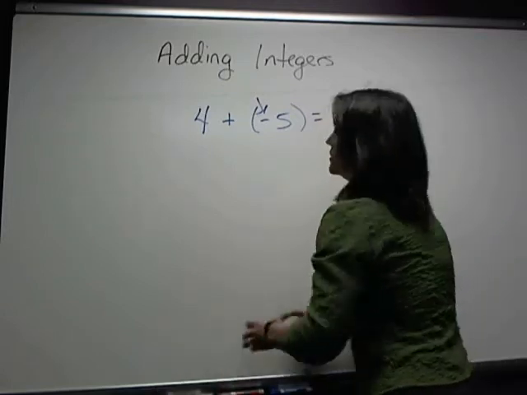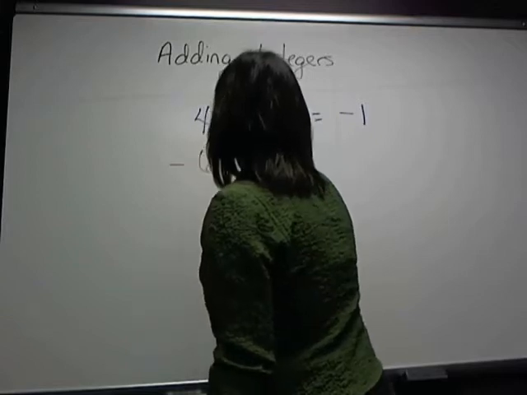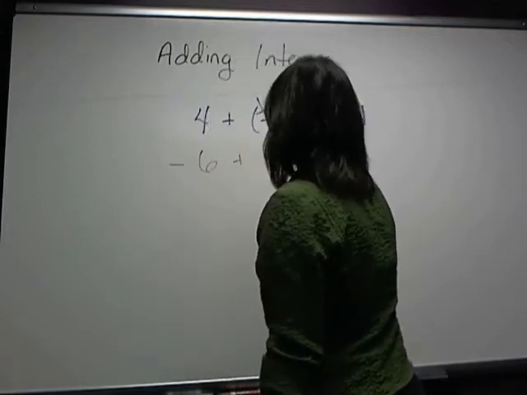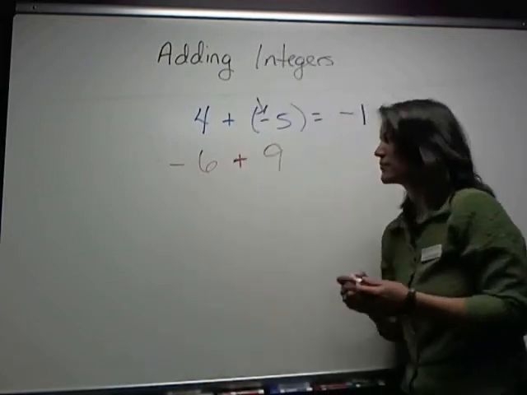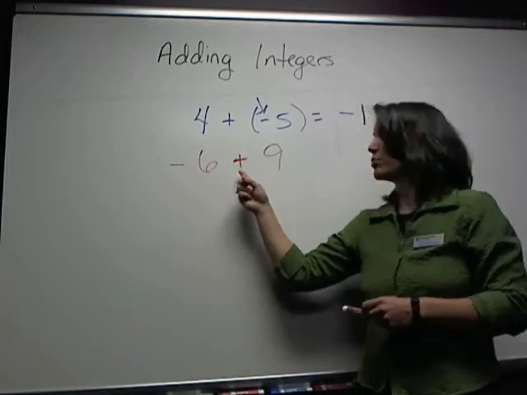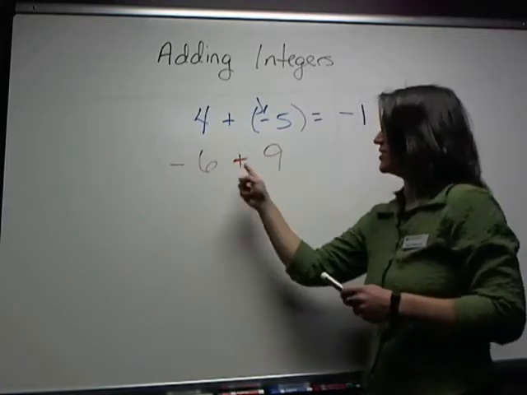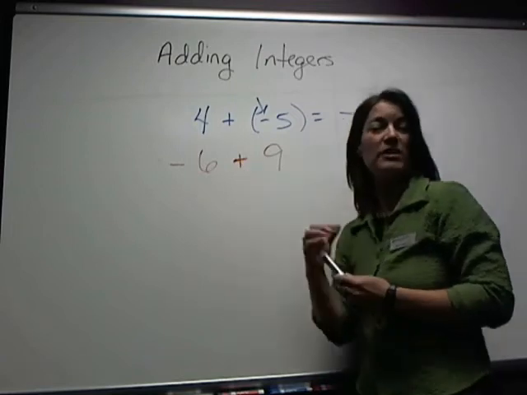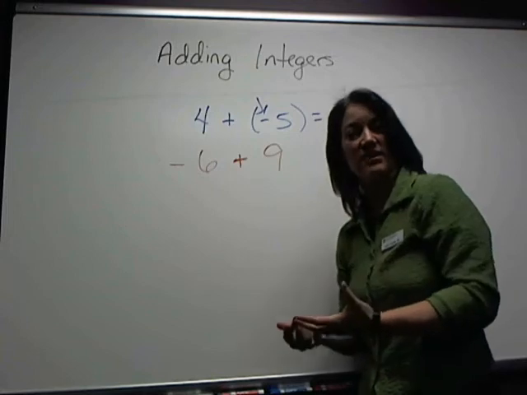Let's do another. Here I have a negative first. It's negative 6 plus 9. Now the 6 is negative, the 9 is positive because there's no other symbol in front. So once again, I have a positive and a negative.